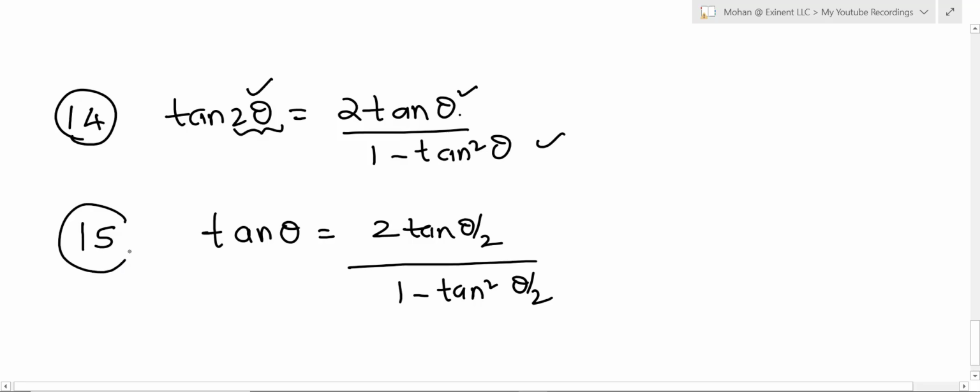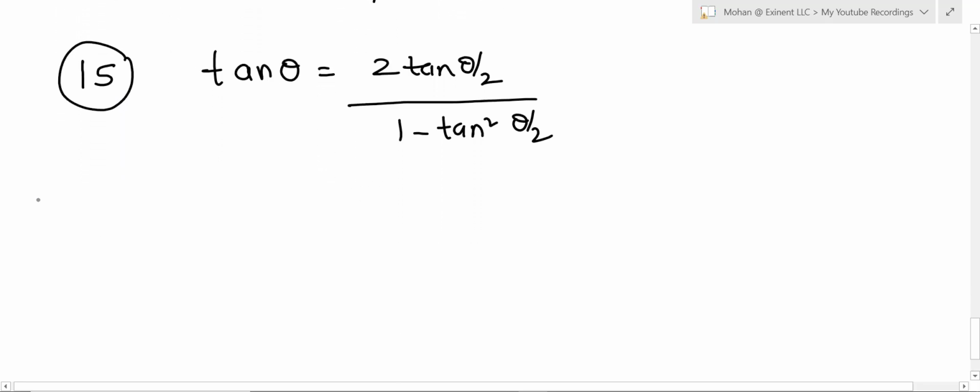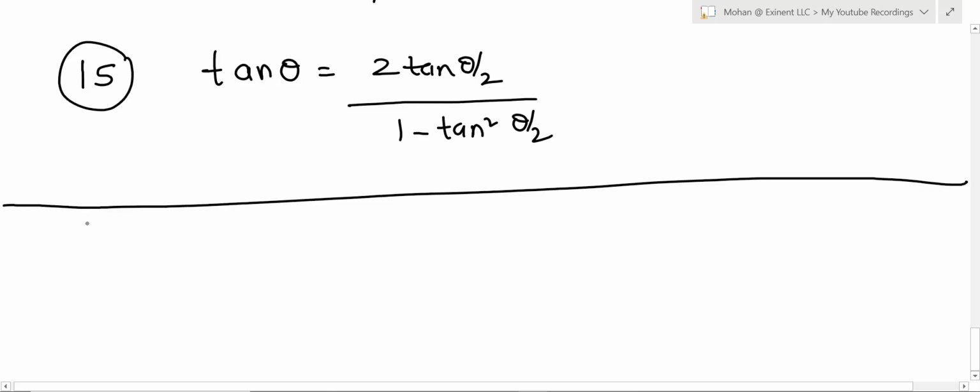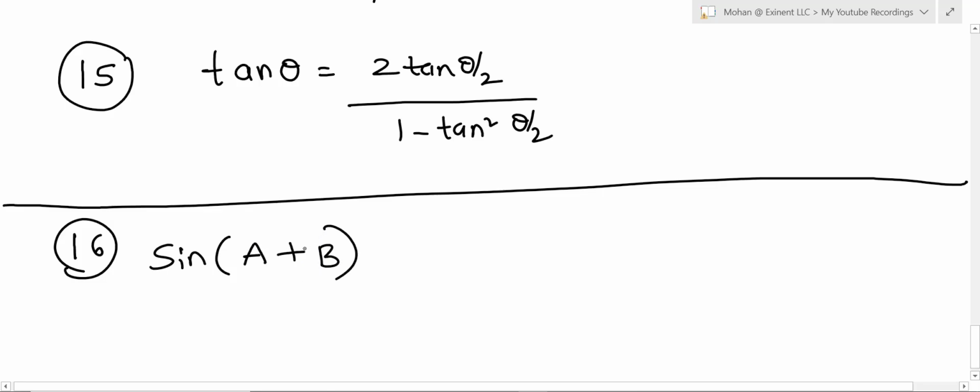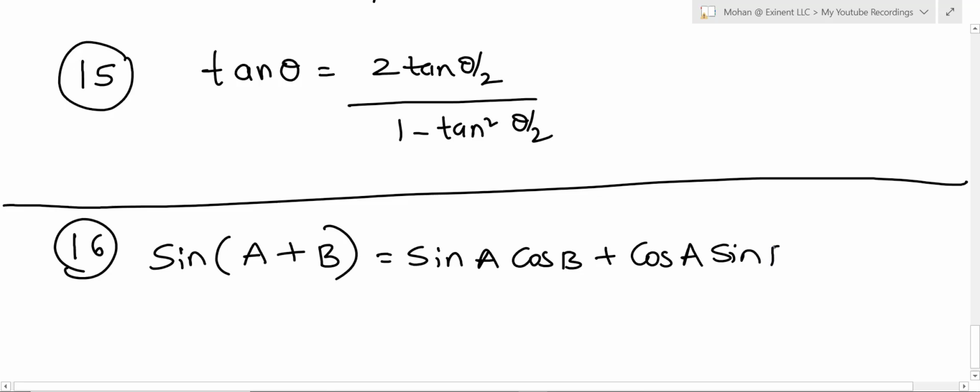Okay. Next set of formulas, where we use a lot, is summation of two angles. So what if I have two angles? Let us say the first angle is A and the second angle is B. Sine of A plus B will become sine A cos B plus cos A sine B. Okay, next.